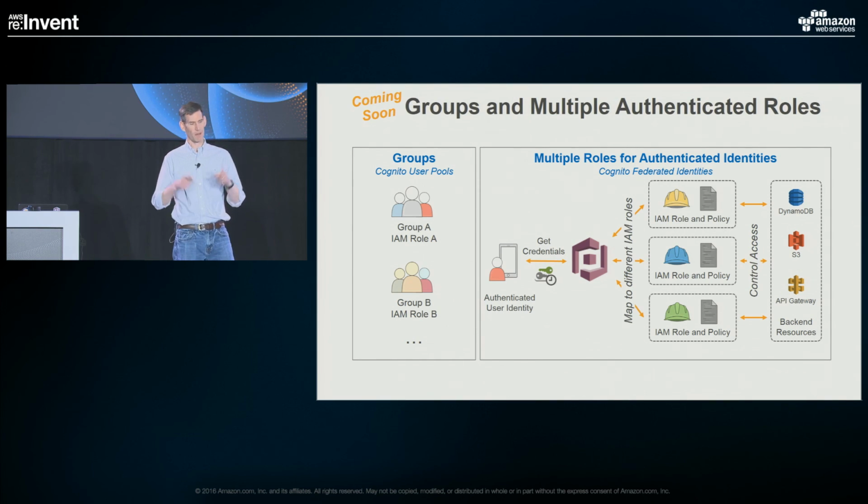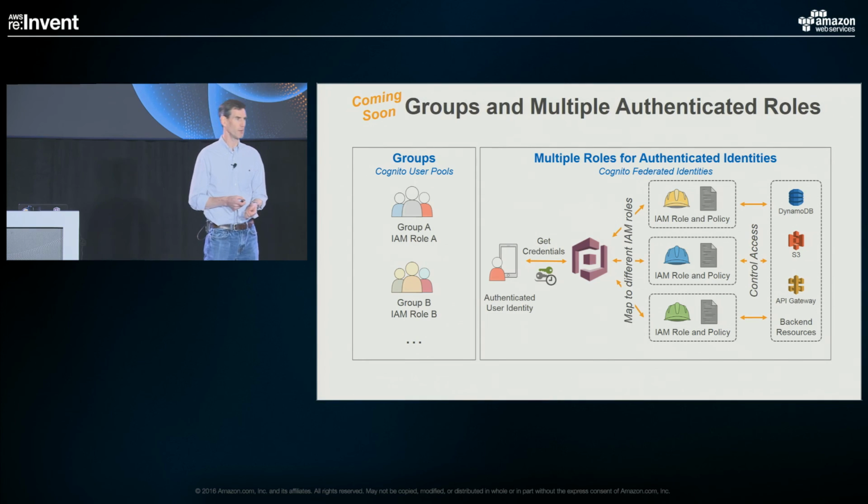We've also, expanding on that concept of permissions management, we're adding multiple roles for authenticated users in Cognito federated identities. So today, Vikram showed you a diagram of getting credentials for a user. Right now, there's one role that you can use for all your authenticated users. But again, with user pools and groups and with federation, with things like SAML, a lot of customers are looking for finer grain role-based access control.